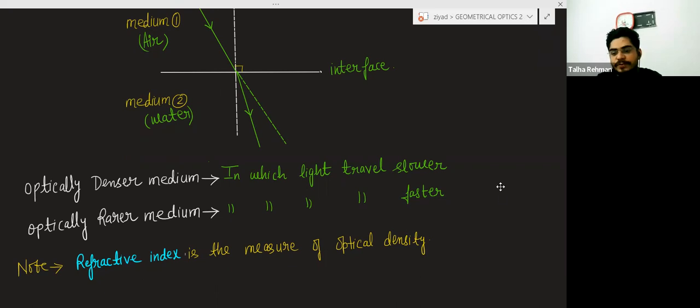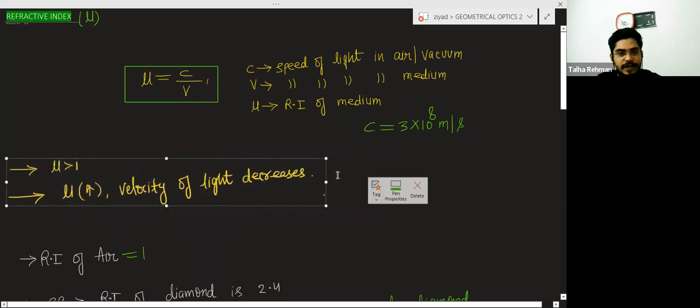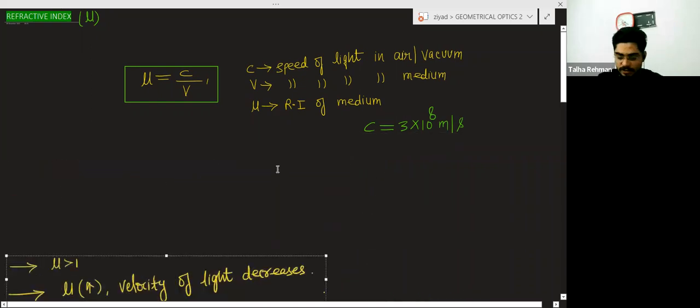Now we will see what the refractive index is. The refractive index of a medium is equal to the speed of light in a vacuum or air divided by the speed of light in that medium. Refractive index is represented by mu.